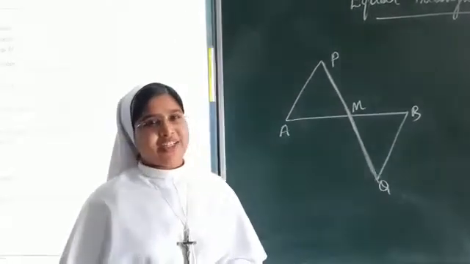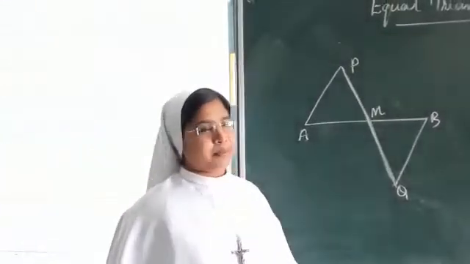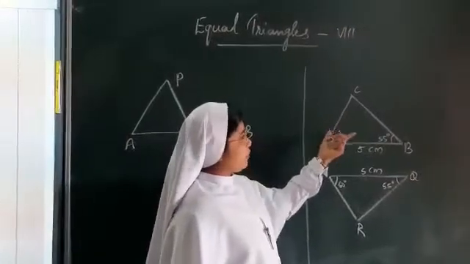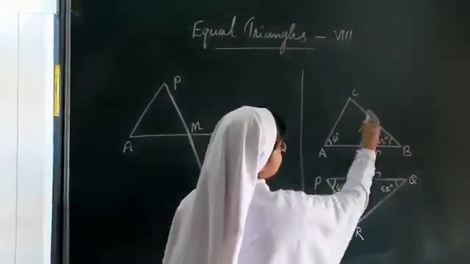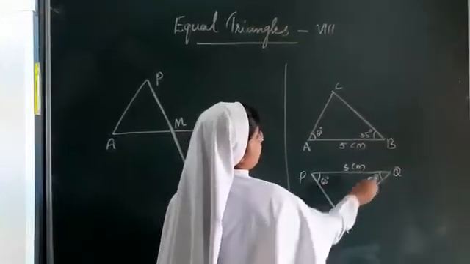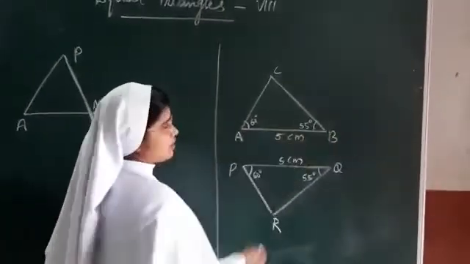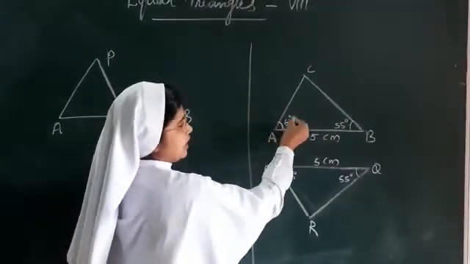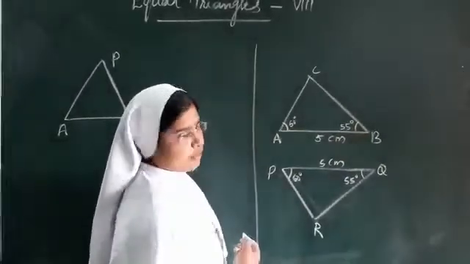On the other day, we were discussing the third general principle. What was the principle we learned from the figure? Here we have triangle ABC and triangle PQR. Here AB is equal to 5 centimeter and two angles are given: angle A is equal to 60 degree and angle B is equal to 55 degree.